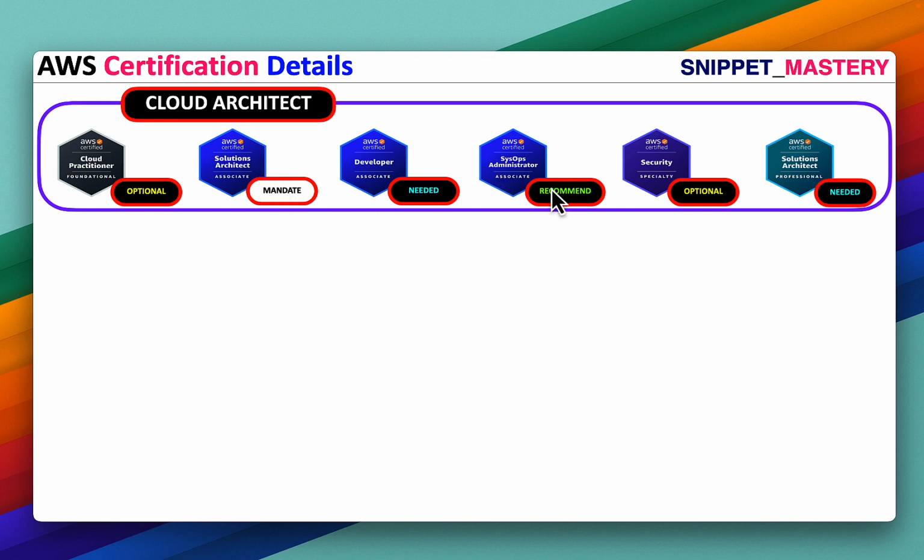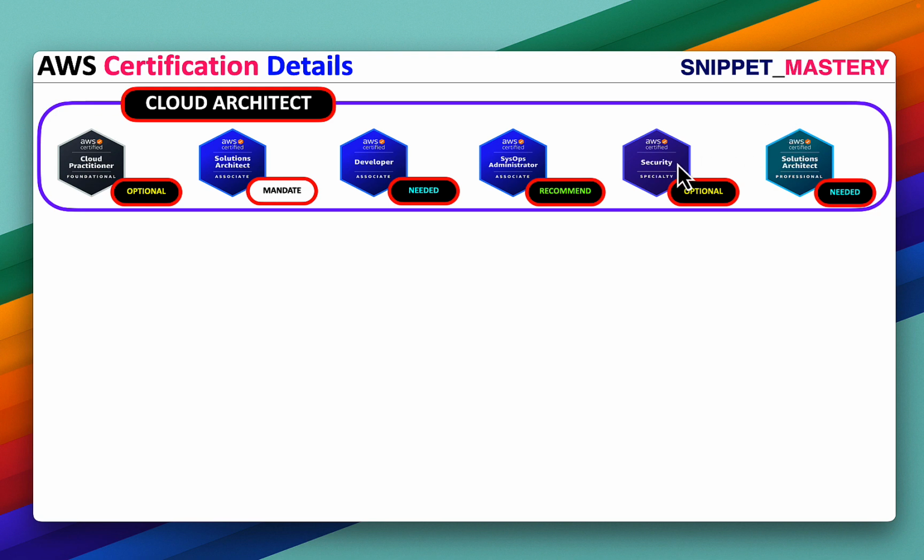Recommended is a certification you can have as a recommended option, after taking up the needed one. Optionals stay as optional, so you can see if you really need those certifications for your work environment, and accordingly you can appear for them.